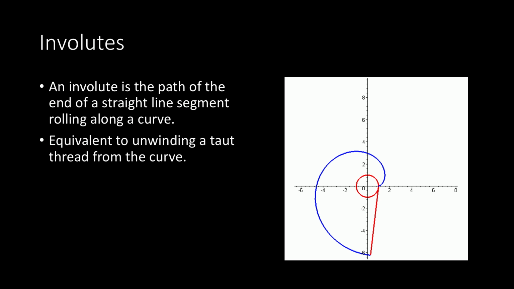You're just following its path as it moves around. These lines that are rolling along the curves are going to be tangents to the curve, I guess. So you can either think of it as rolling a line along, or as unwinding a taut thread from the curve. This is the involute of a circle that I'm showing you here. It looks a bit like a spiral.